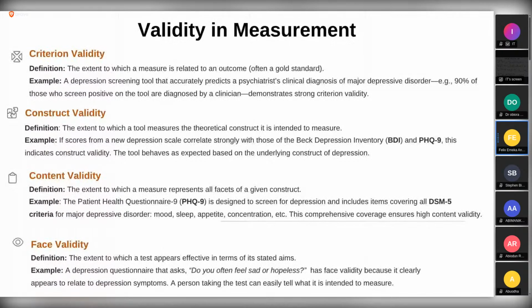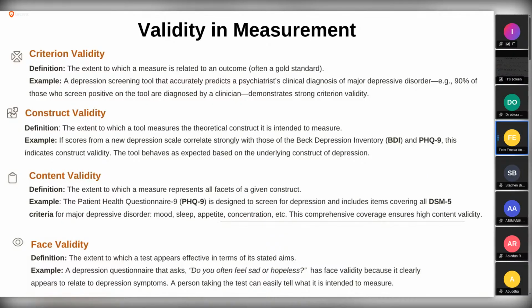Your tool should follow the construct of the theoretical framework, meaning the theory behind that tool. Whatever tool that is out there, the theory behind the tool may say that as the numbers are increasing, it means the depression is increasing, or as the numbers are reducing, it means the depression is reducing. So if you're designing your own tool, it should follow that pattern, that theoretical construct.